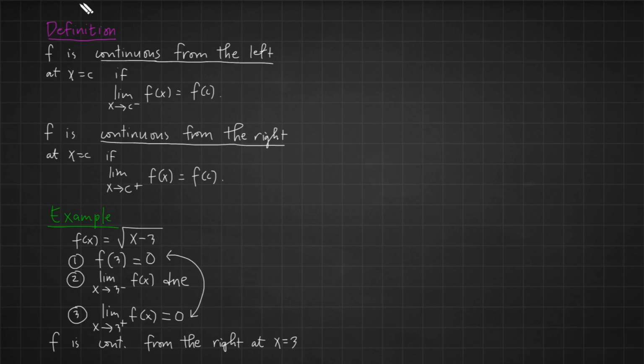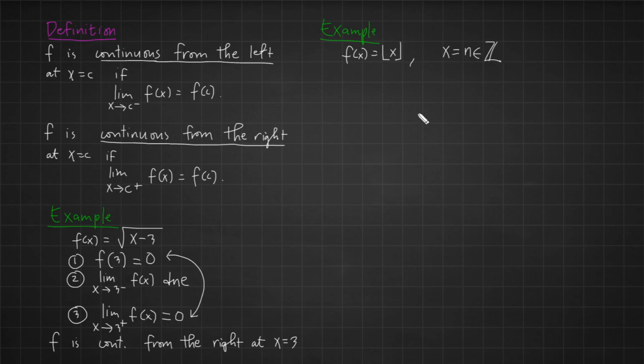So another example. Let's consider the floor function. So f of x is equal to the floor function, and x is equal to n, which is an integer.